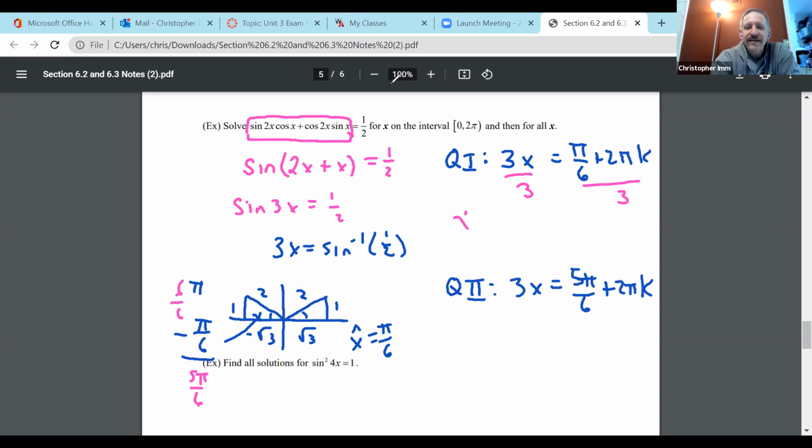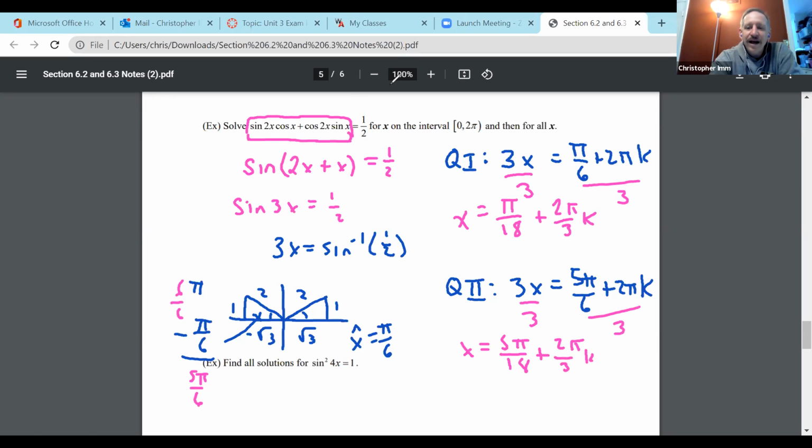And so x is equal to pi over 18 plus 2/3 pi k. And down here, when I divide by 3, I'm going to have x is equal to 5 pi over 18 plus 2/3 pi k.